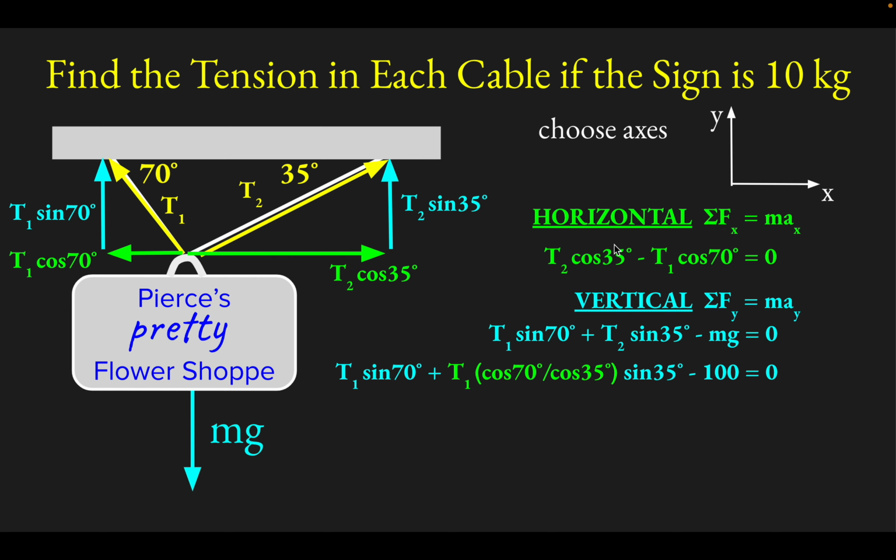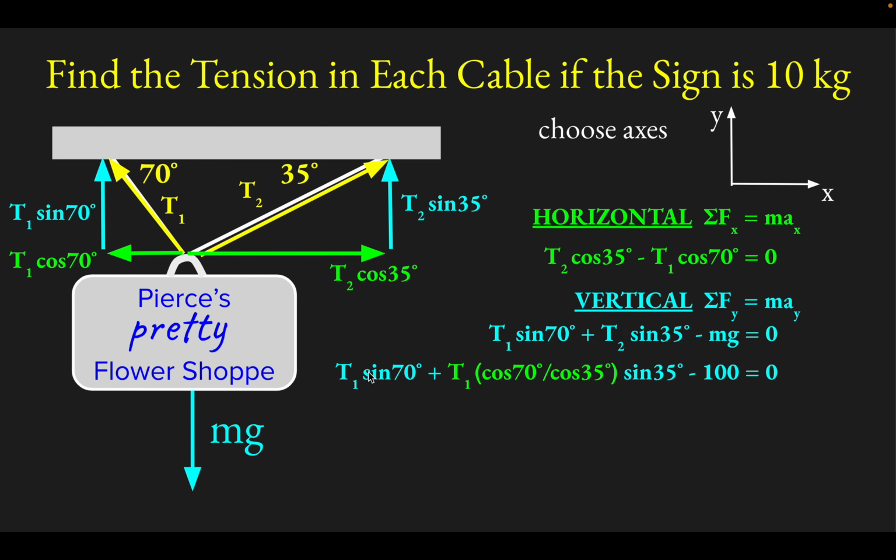All I've done is put that in for tension 2 here. So again, this expression in green is what you get if you just solve the equation from the horizontal forces for T2 and then shove it in there for this T2.